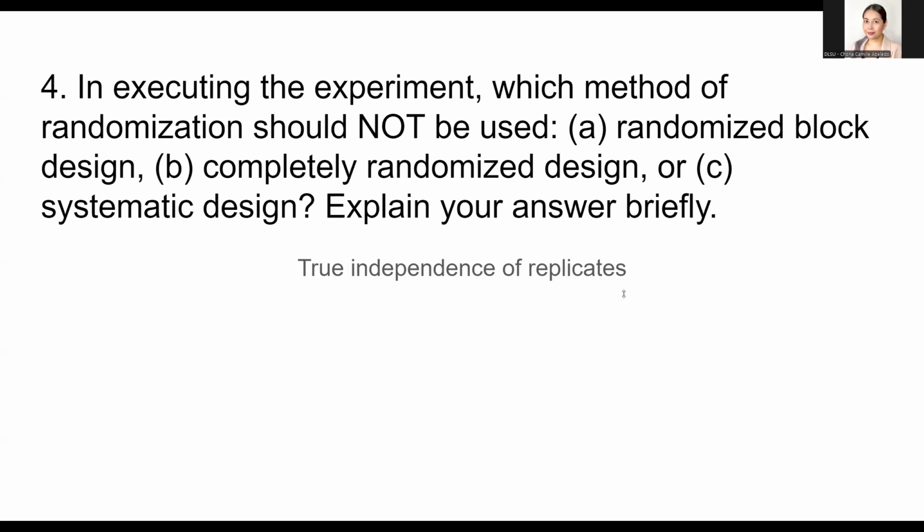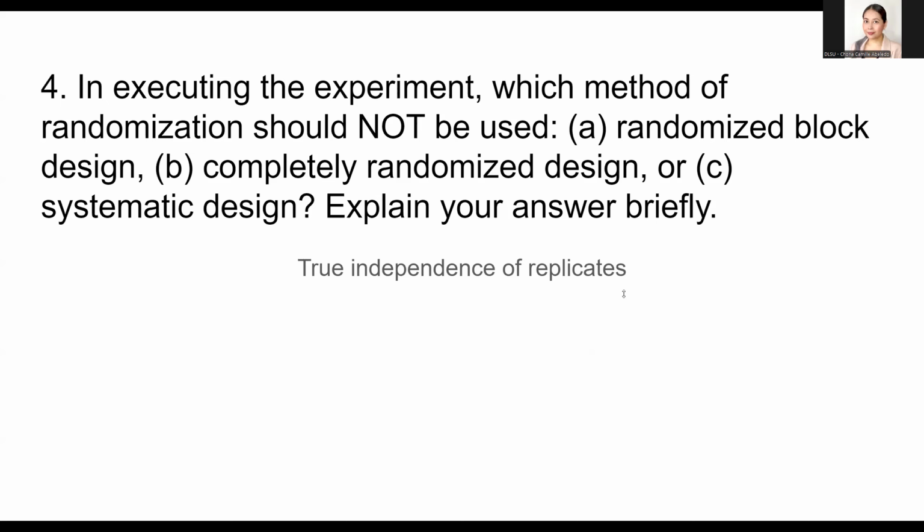So either will give you good results, except that the statistical test that you use for a randomized block design is different from the statistical test that you'll use for a completely randomized design. Okay? So what you shouldn't use would be systematic design. Because in a systematic design, you remove the independence of your replicates.